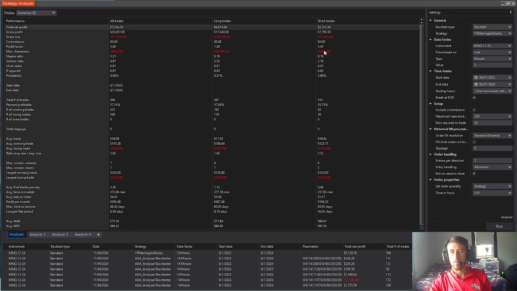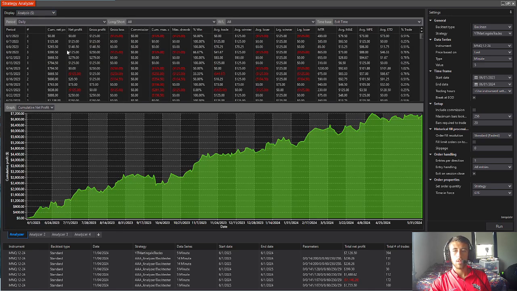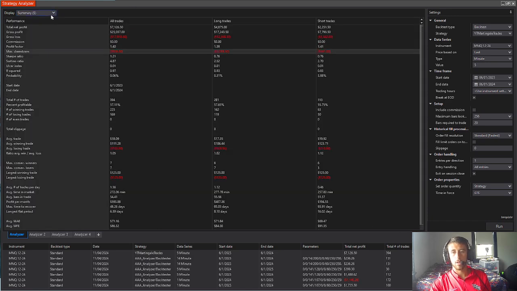Okay, so it's actually not horrible on the 5-minute. All right, so look at that. Already looks like a decent strategy. It might be overfitted, but it's a scalping one, and scalping strategies usually don't work for super long periods of time.